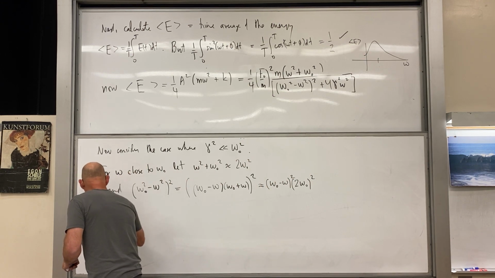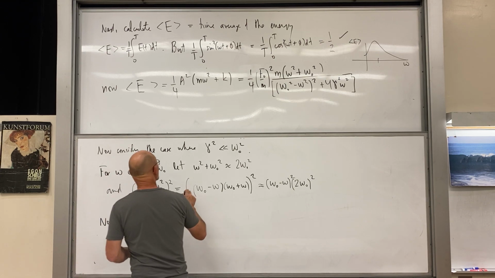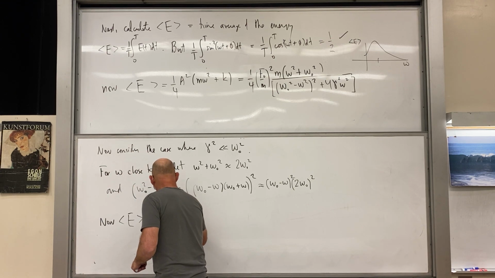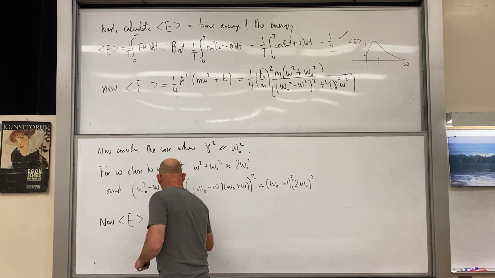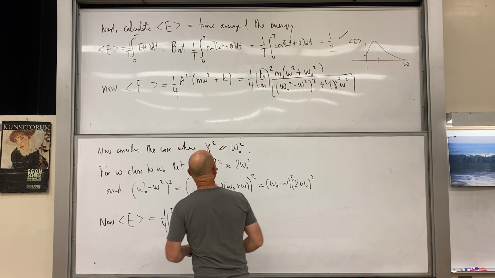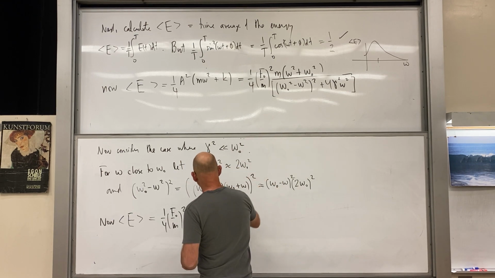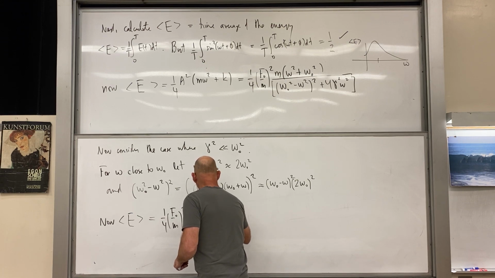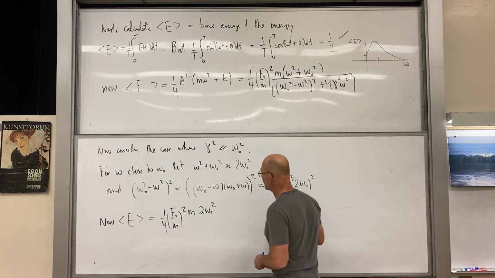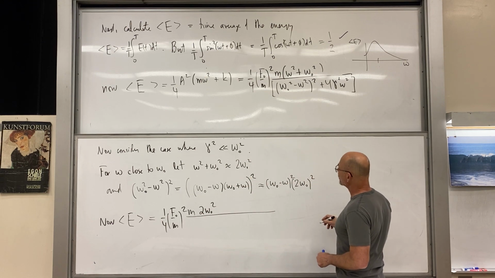Now, our time averaged energy of our oscillator, we've got a quarter, we've got F naught over M squared. We've got M. We have 2 omega naught squared, 2 omega naught squared.